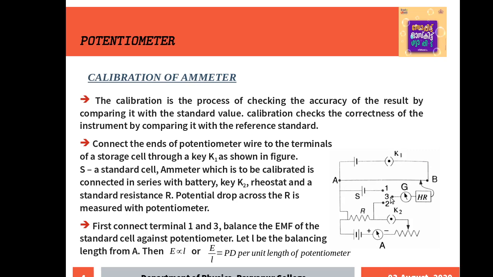If both the values are the same, then the current measured by the ammeter is correct. If there is any difference, then we can correct the measurement of the ammeter.